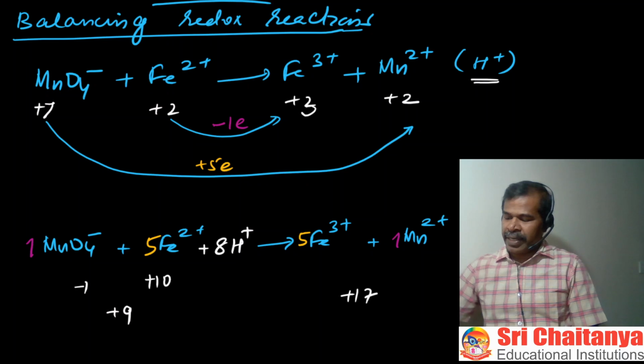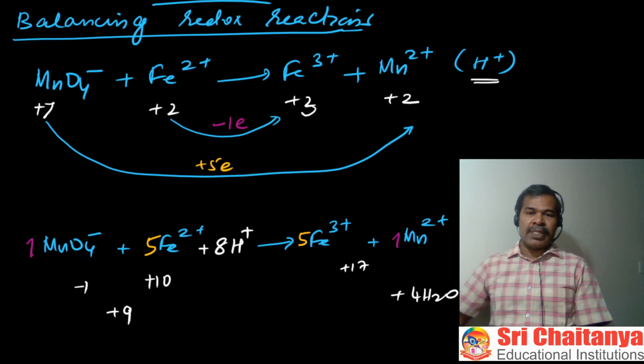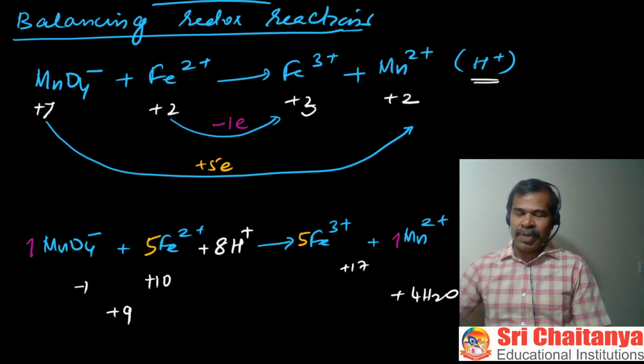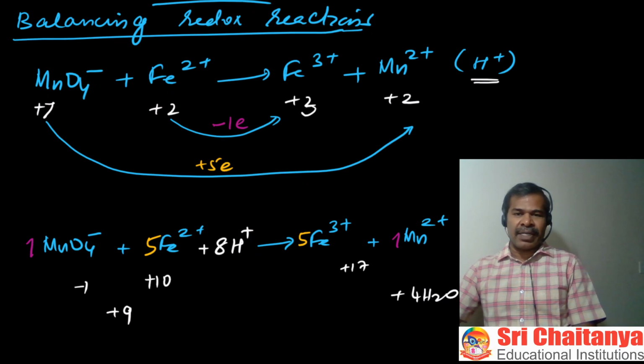I'll just write it down. The 17 is for reference. So 8 hydrogens means you need to put 4H2O. Now you count oxygens, it is balanced. The equation is balanced. So I took the time to explain, but you can do it in a very short duration of time. Just find out the electron transfer by oxidant and reductant carefully.